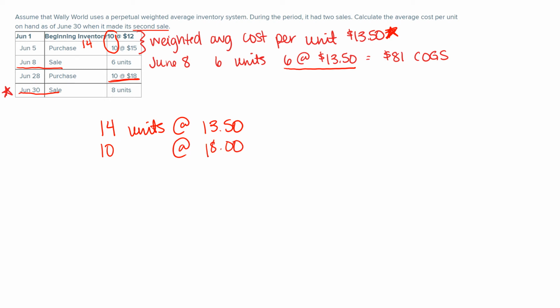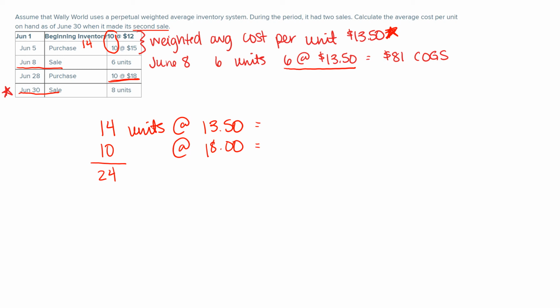So now we need to use this information to determine the updated weighted average cost per unit. That means there were a total of 24 units on hand, and we need to calculate the total cost of these.